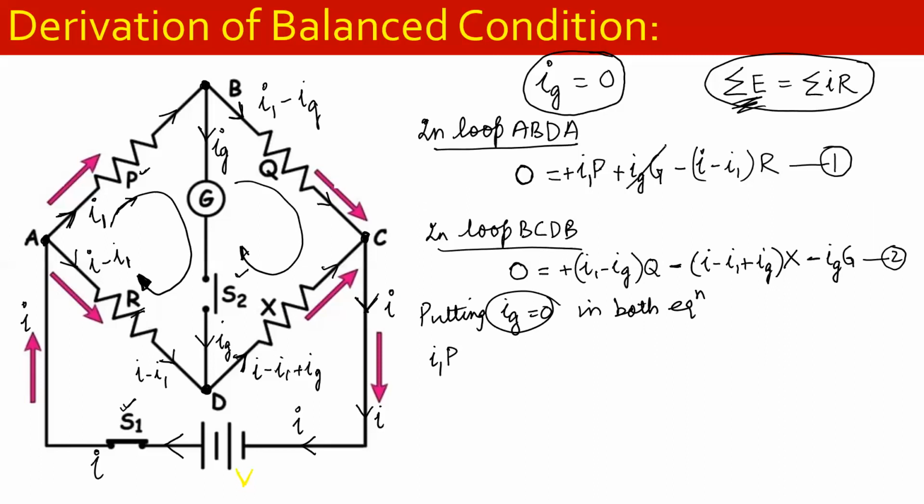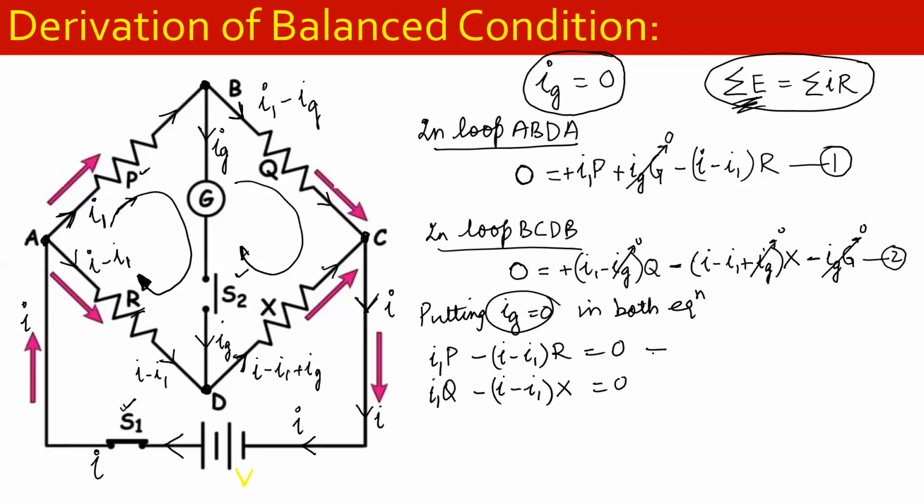So Ig will be 0 means this term will be cancelled, and we get minus (I minus I1) into R equal to 0. Here also Ig will be 0. So the remaining equation will be I1Q minus (I minus I1) into X. This must be equal to 0.